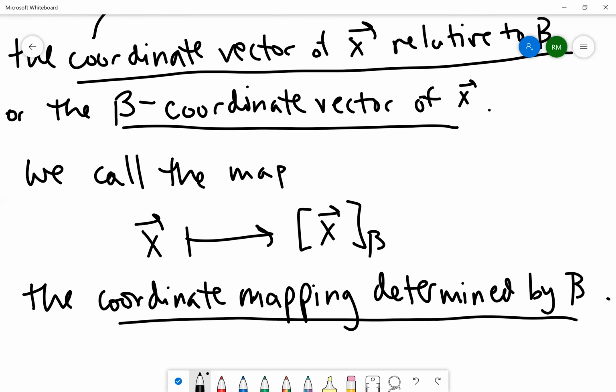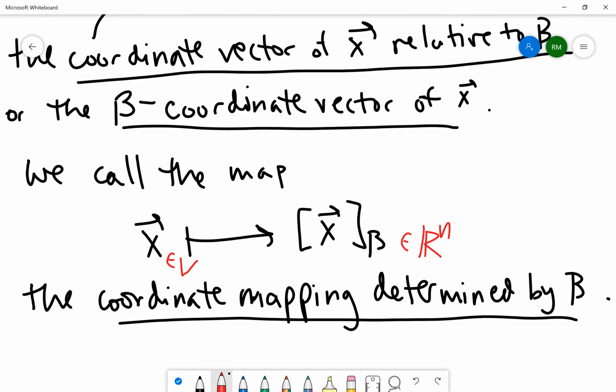So what do we notice about this coordinate map? Well, the vector x is in our vector space, but the coordinate vector is actually in the real numbers to the nth power.